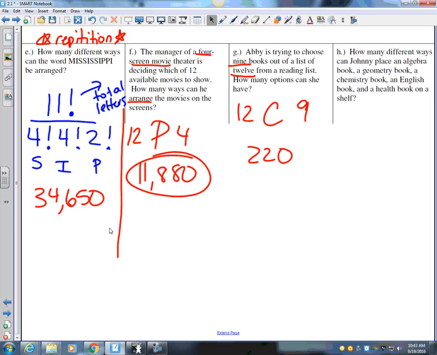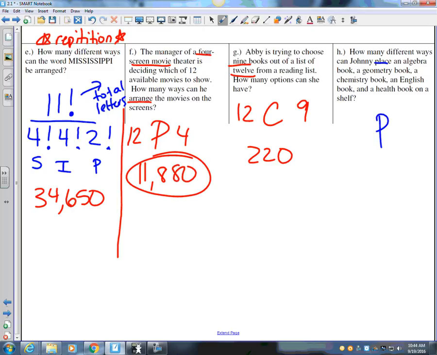All right, H. How many different ways can Johnny place an algebra book, a geometry book, a chemistry book, an English book, and a health book on a shelf? Chase, is this one a P or a C? Yep. So if you're placing them on a shelf, once you put the first book on, it's going to matter. There's just going to be an order. When you put something on a shelf, it ends up in an order.